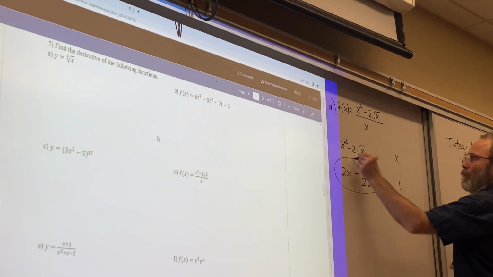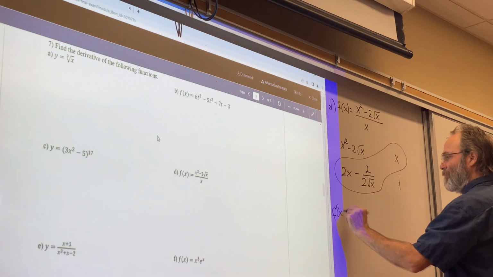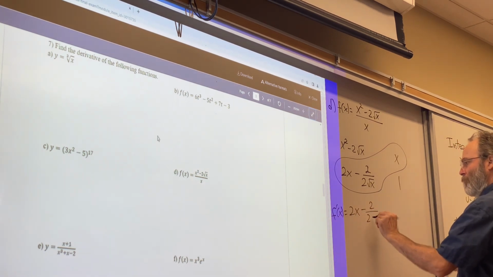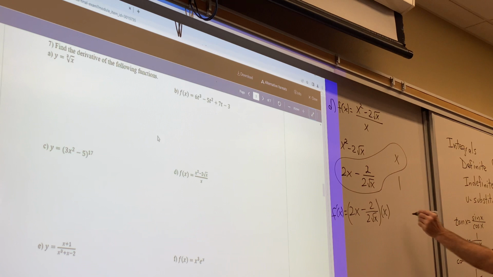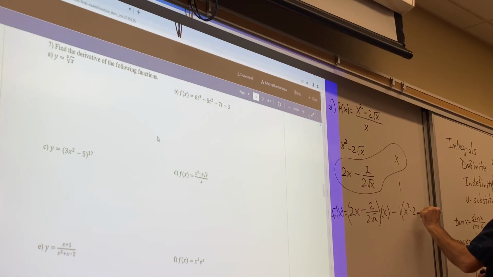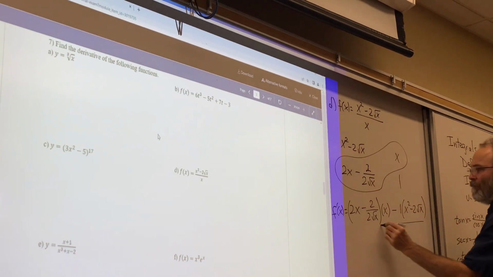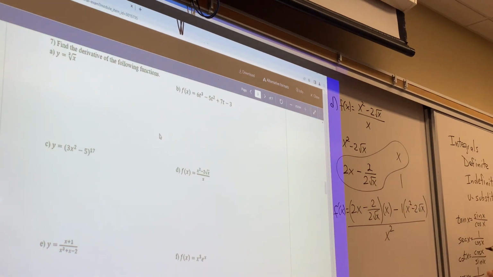So now we're doing this, and so we're going to get f prime of x to be 2x minus 2 over 2 square root of x, times x minus 1 times minus 2 square root of x, divided by x squared.